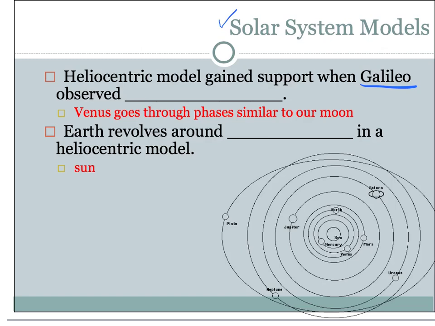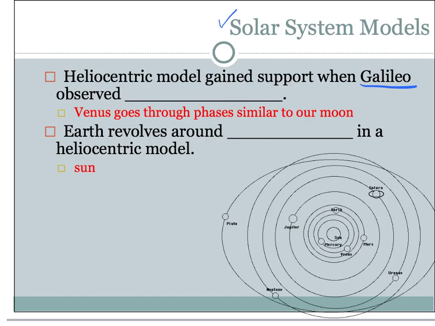So he was able to prove that if our moon looks the same as what Venus does, then there has to be a reason for that. And of course, it's the fact that it revolves around the sun. In order for that to happen, that's what would have needed to take place.